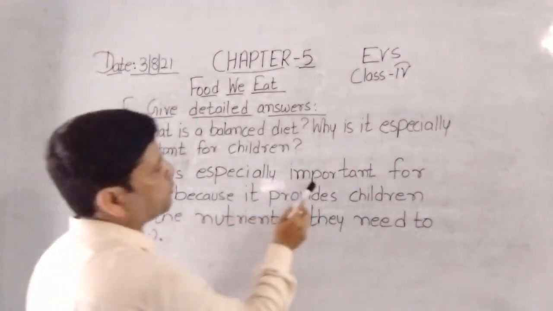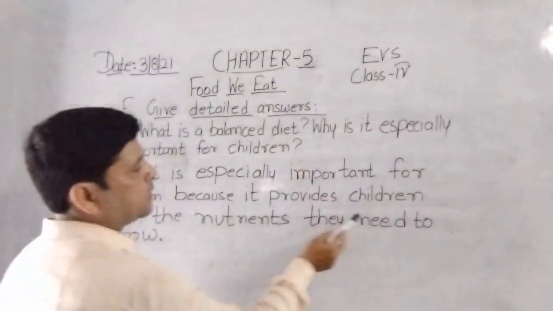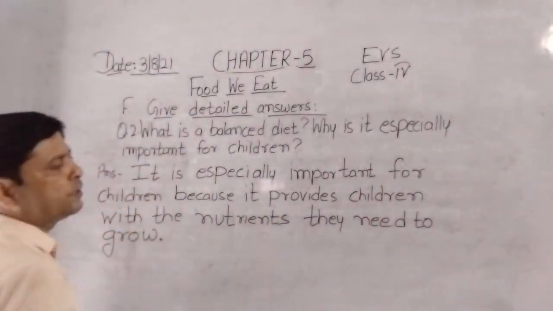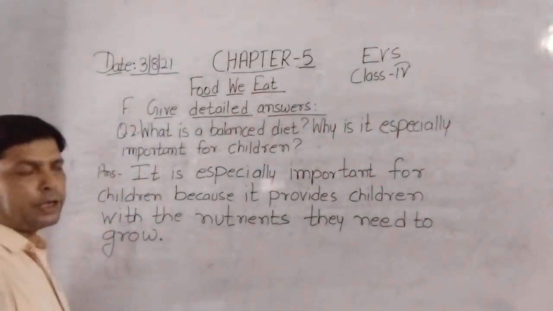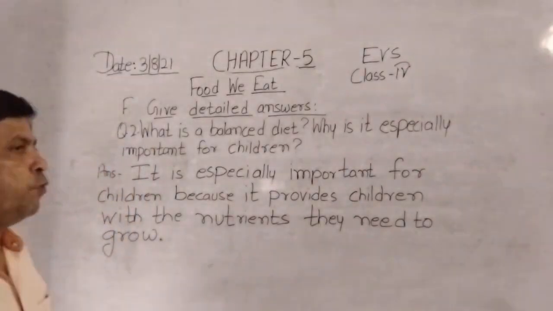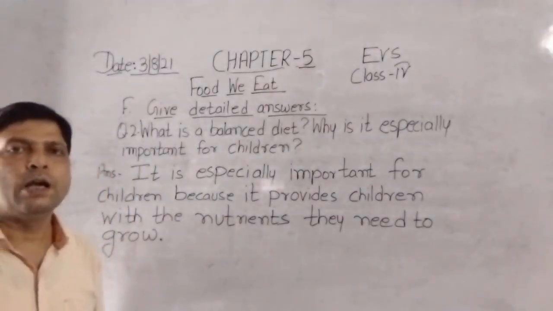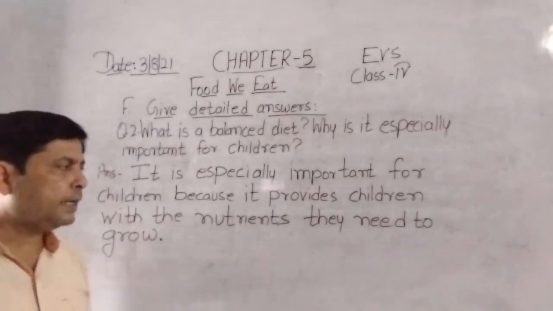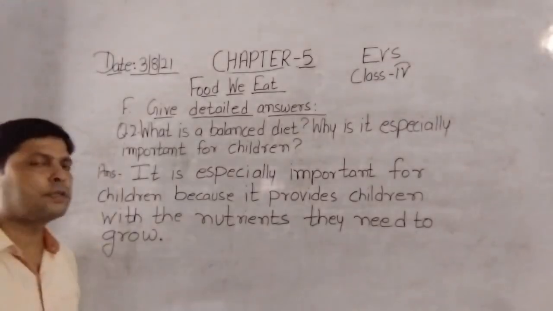It is especially important for children because it provides children with the nutrients they need to grow. Okay, so balanced diet provides all types of nutrients in the diet which are required for the growth and development of their body. So you can take a screenshot.